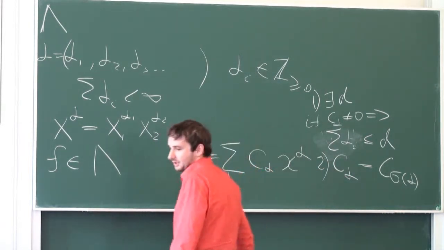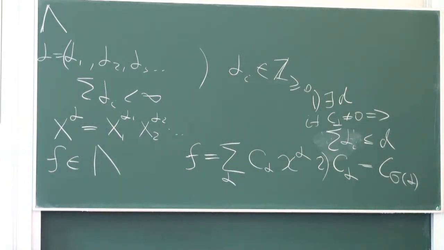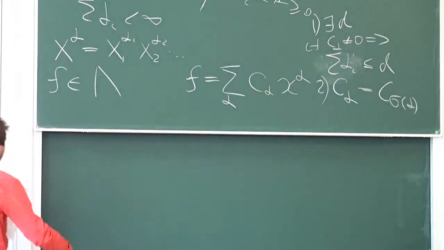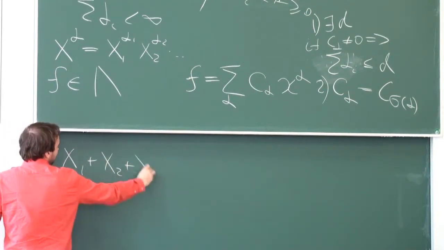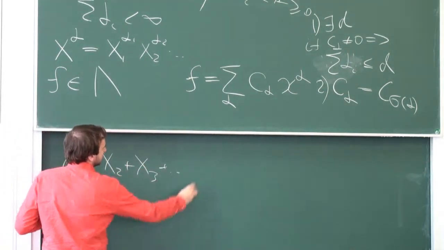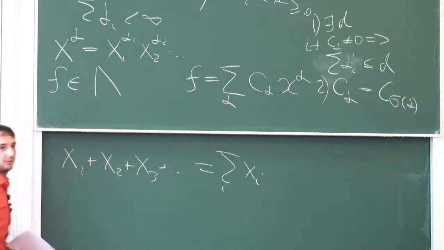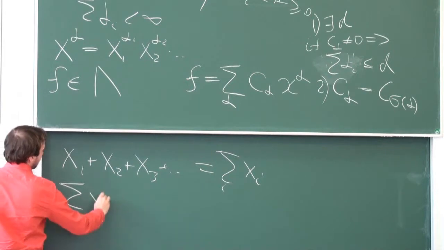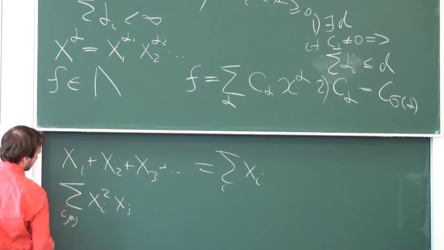Okay, so let's put some examples of symmetric polynomials. For instance, the sum of all variables is a symmetric polynomial in infinitely many variables. Another example might be the sum over all i and j of xi squared xj, with i not equal to j.